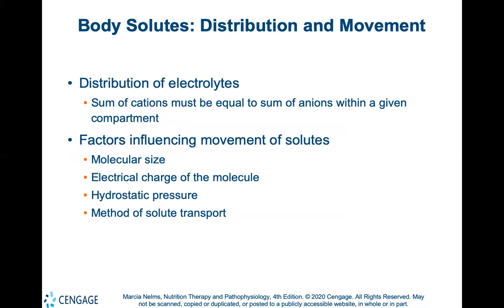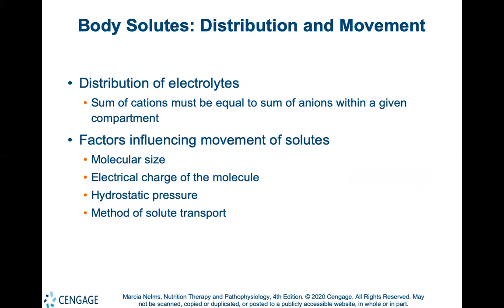Because some electrolytes are found primarily in either the extracellular fluid or the intracellular fluid, the concentrations of electrolytes inside and outside of cells differ. The key to maintaining normal conditions, however, is ensuring that the amounts of cations and anions in the extracellular fluid are equal.